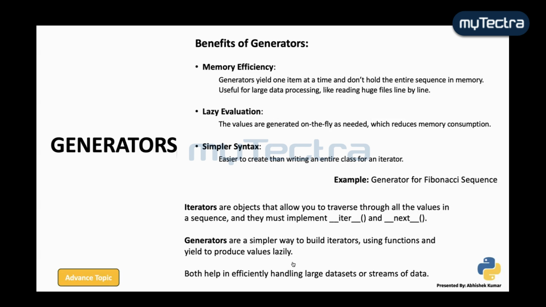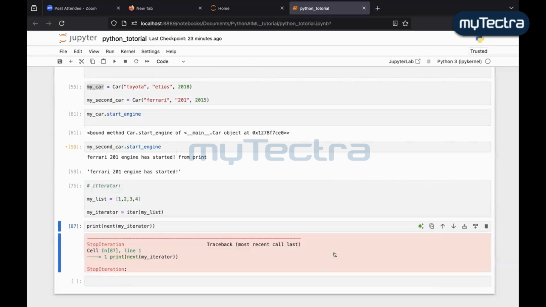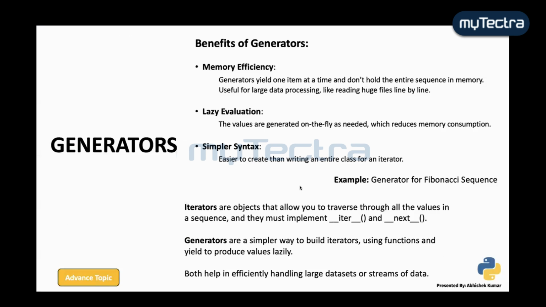So it is returning certain values, right? The last plus the current. So n minus 2 plus n minus 1. So this is the current value. So for that, try to implement an iterator. So it will help you out.